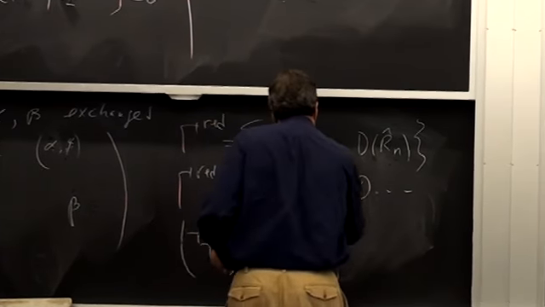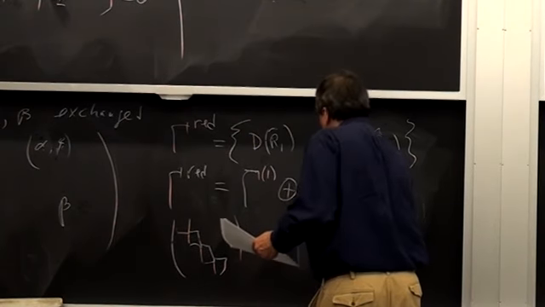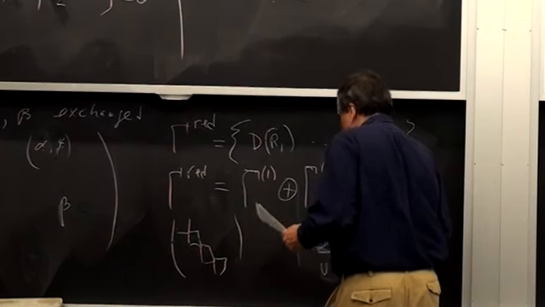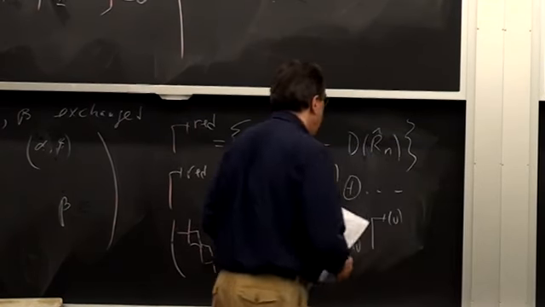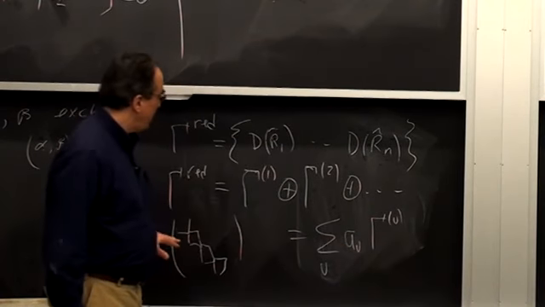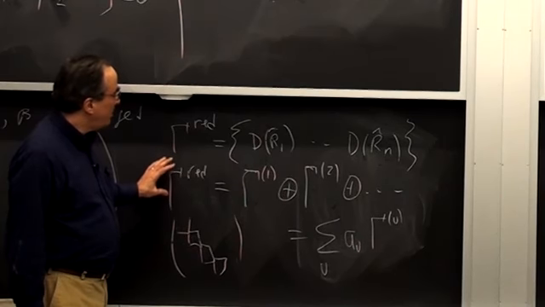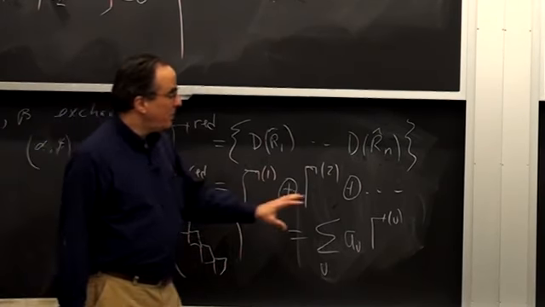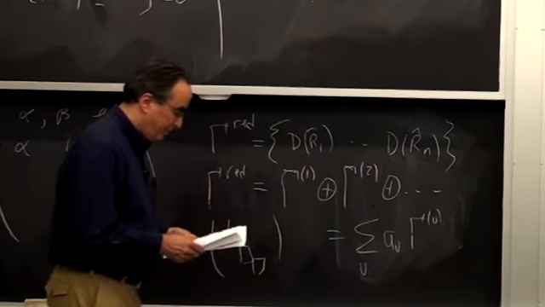So we should be able to write this reducible representation as a number, how many times the new irreducible representation appears in it. So we should be able to decompose every reducible representation into the irreducible representations that it's made up out of.